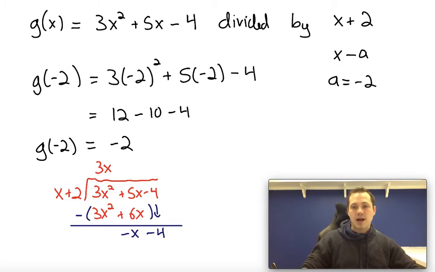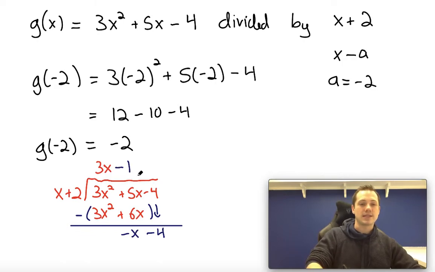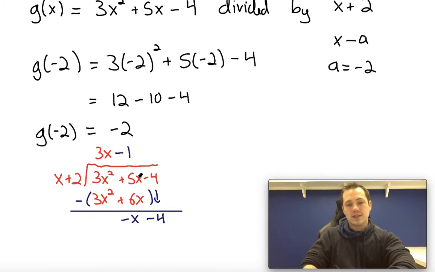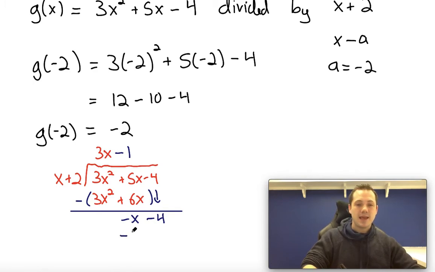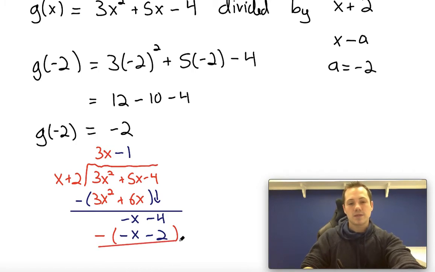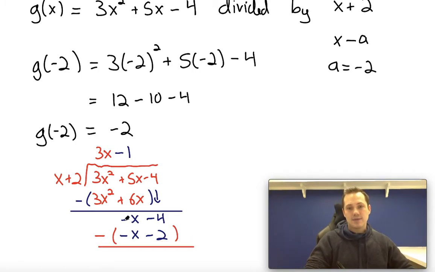We repeat that process. So how many times does x go into negative x? That's going to be negative 1 times. Once again, we're going to multiply, and we're going to get negative x minus 2 when we do that. And then we know we need to subtract. So here, when we subtract these two, negative x minus negative x cancels.